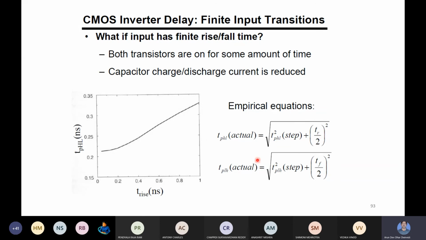Similarly, TPLH actual of the inverter can be calculated as TPLH square for the step pulse plus TF by 2, meaning fall time by 2, whole square. This is the approximate, empirical formula for practical inverter rise time and fall time calculation.